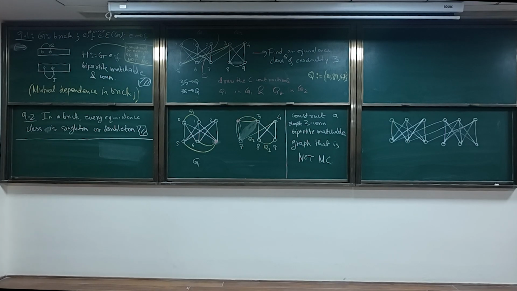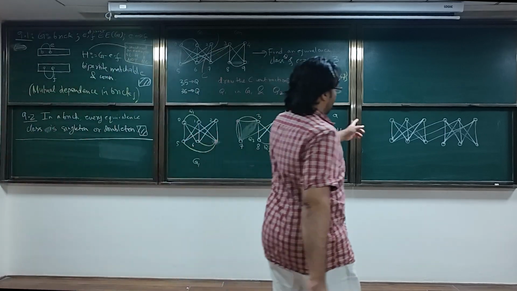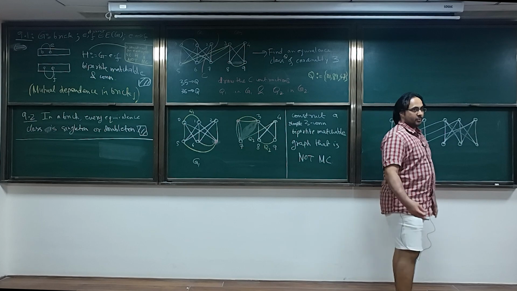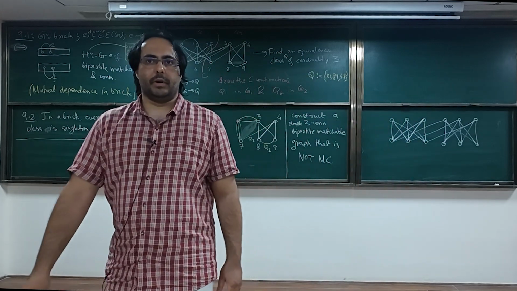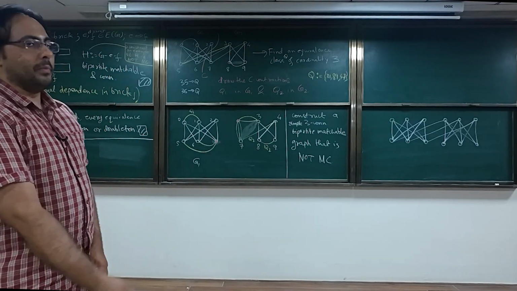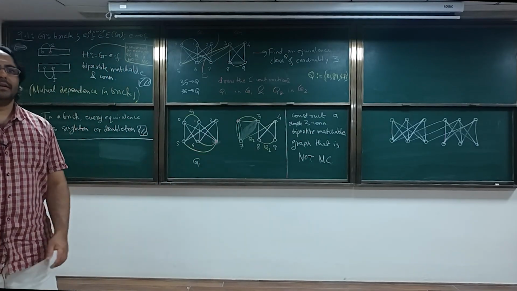Now can you add two edges to make it a brick? Well, first of all, the two edges have to be matchable, and in fact all these edges have to become matchable once you add those two edges, because a brick is matching covered in particular. So if you think about it that way, there are not too many ways to actually try.